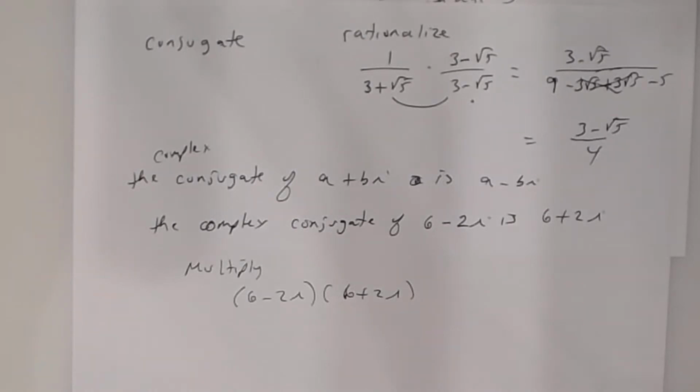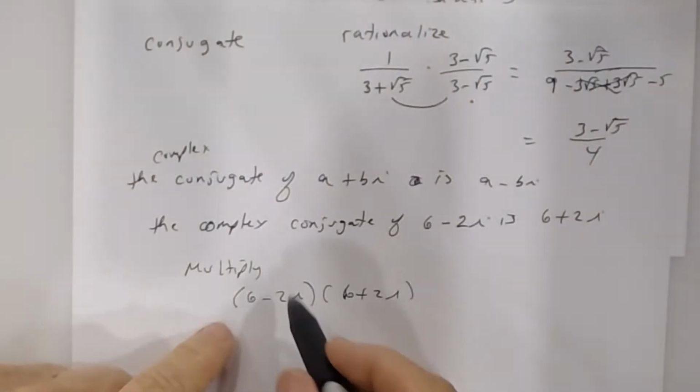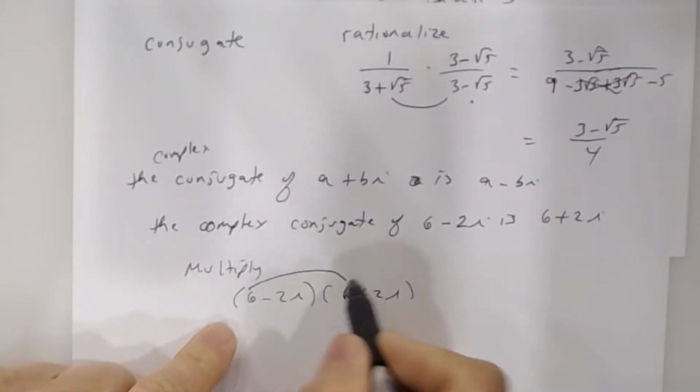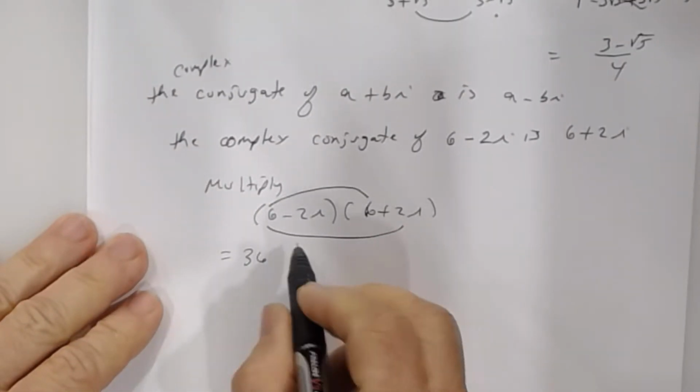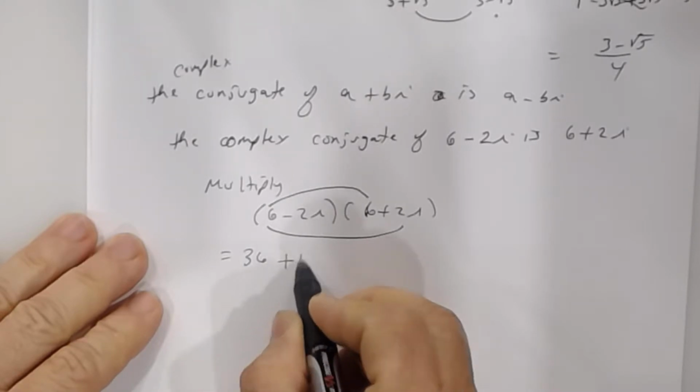Now, doesn't it kind of look like the difference of two squares that you factored last semester? A minus B times A plus B? And when you did that and you FOILed it out, what happened to the outer and the inner? They cancel. Same idea with the difference of two squares. What's the first? 36. What's the outer? Plus 12i.